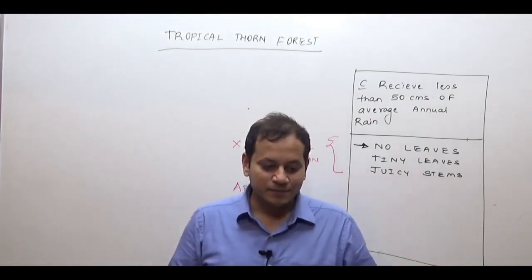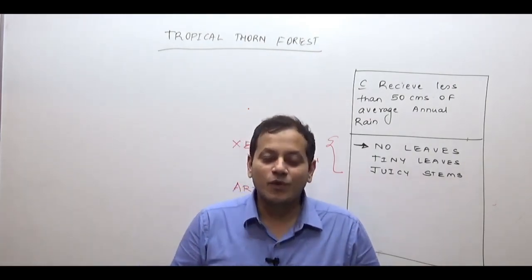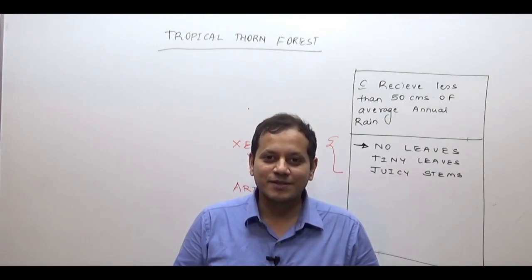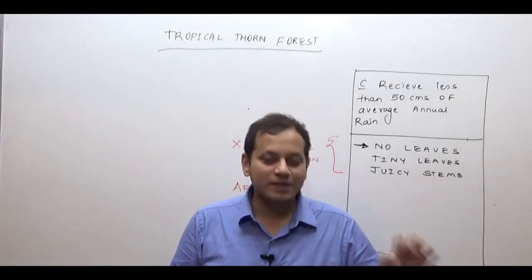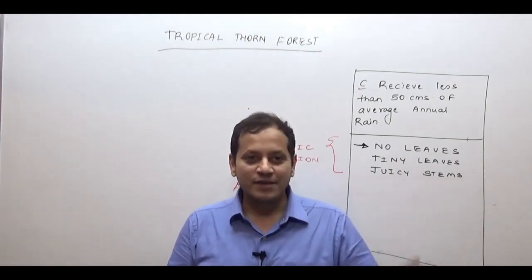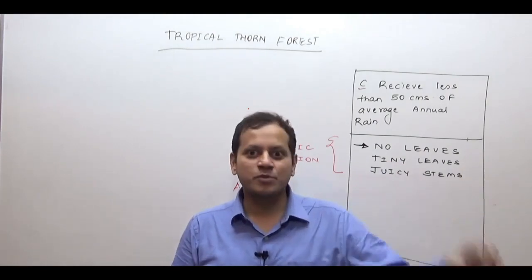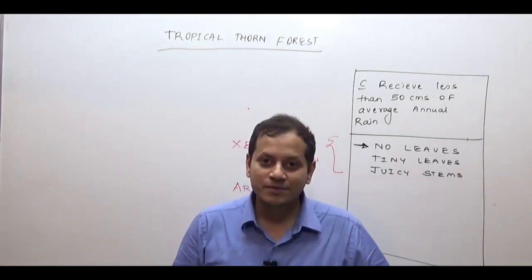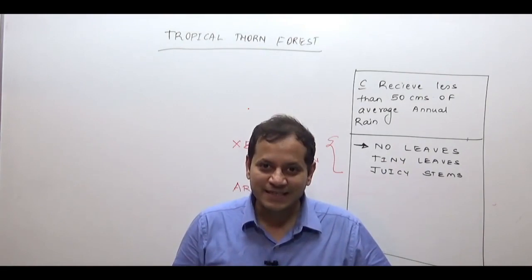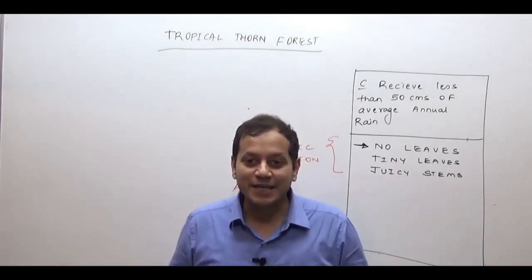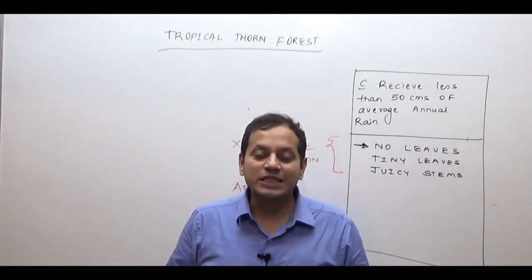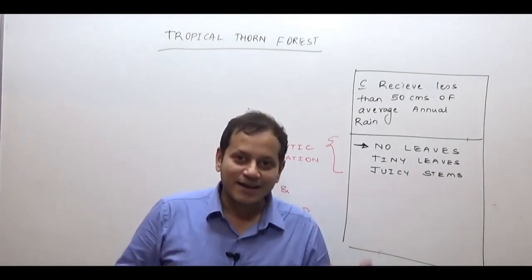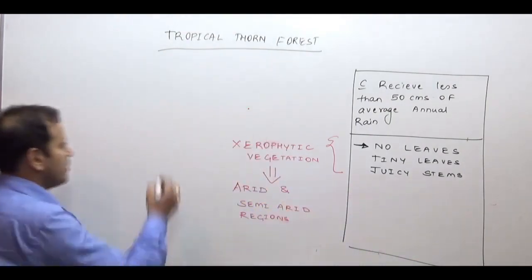Now tell me, what will be the important species? What is the most common dry fruit you have? Generally, we say that it is exported from the Arab regions. Dates. So where will the date palm be? It is a vegetation of a tropical thorn forest.